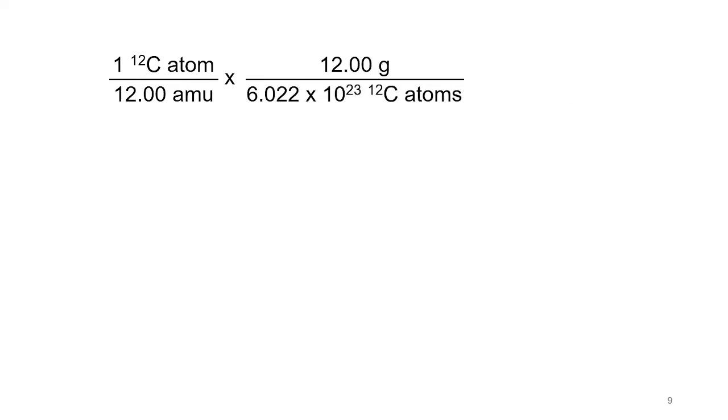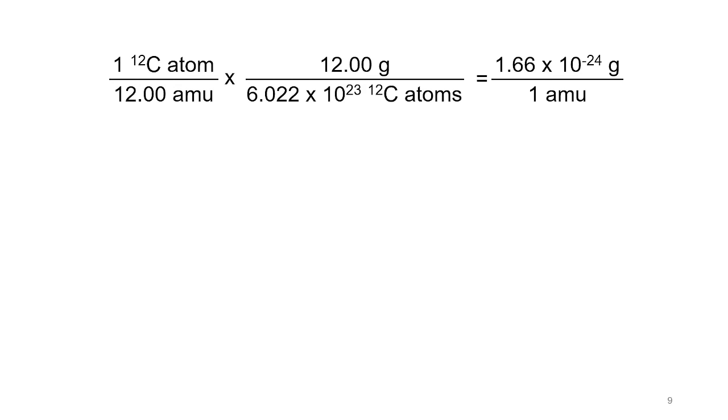We also know that we have 12 grams of carbon for the 6.022 times 10 raised to 23 carbon 12 atoms, meaning we have 1.66 times 10 raised to negative 24 grams per atomic mass unit.